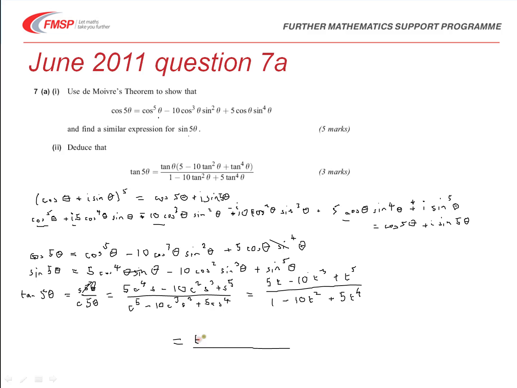So we'll get tan theta, and we're left with 5 minus 10 tan cubed theta, plus tan, sorry, I was right in the first place, it is tan squared because we've taken a factor of tan out of there, and then we've got tan to the 4, so we've taken a factor of tan theta out of there, and on the bottom we've still got the 1 minus 10 tan squared theta plus 5 tan to the 4.